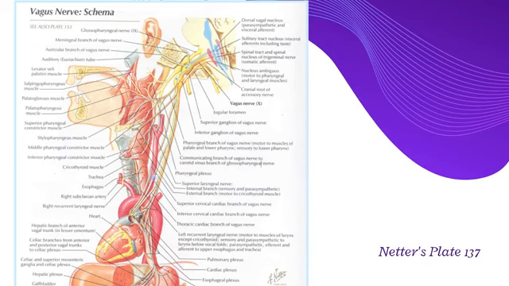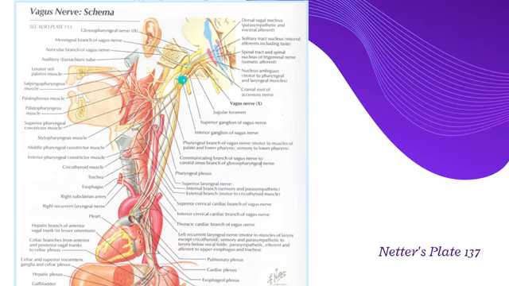The vagus nerve, we will see, has two sensory ganglia or swellings. So you see them up here. There's a superior ganglion and an inferior ganglion. And these contain the cell bodies of the sensory neurons of the vagus nerve. So these act pretty similarly to the dorsal root ganglia of the spinal nerves that contain the sensory cell bodies.